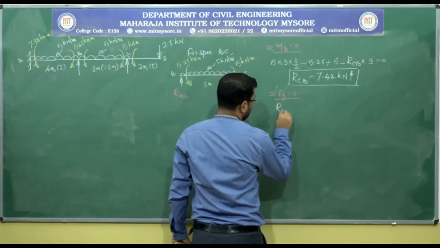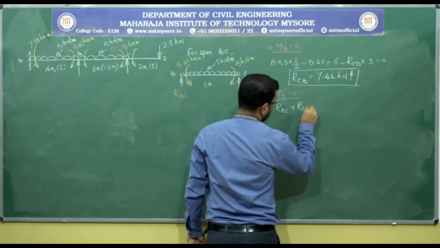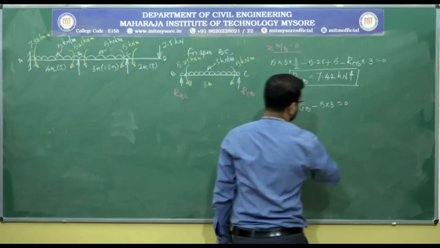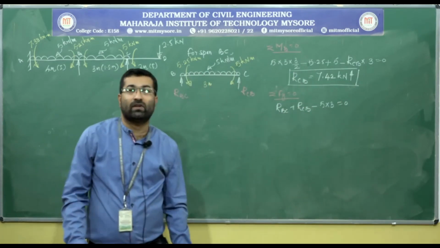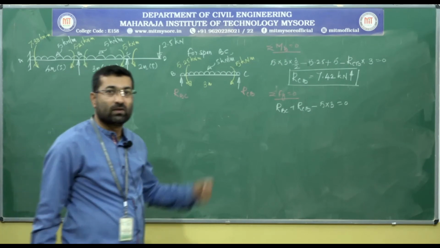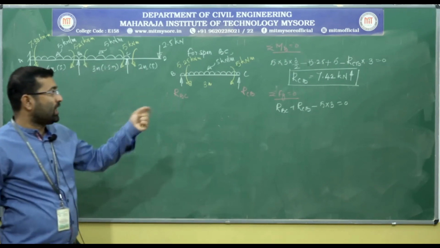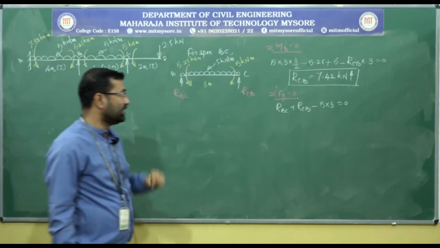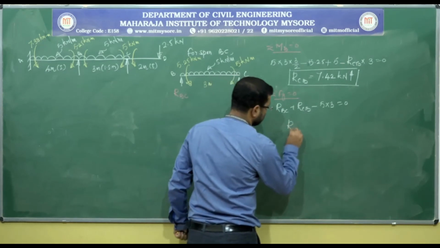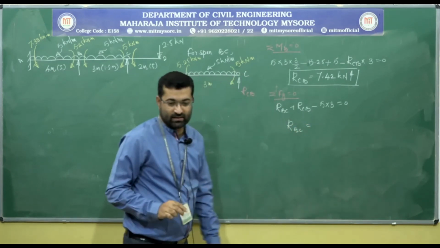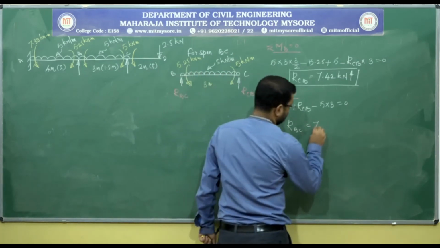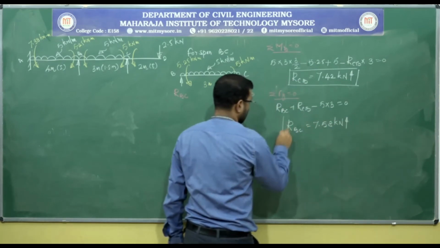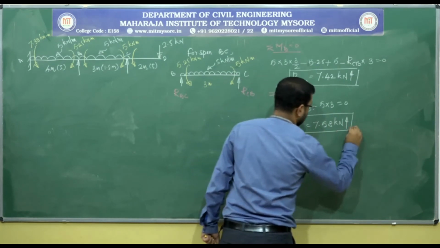So it is RBC plus RCB minus this UDL, that is 5 into 3, equating it to 0. Here in the equation we have two unknowns, RBC and RCB. RCB we have already determined as 7.42 kilonewton. Substitute that value here, you will get RBC as 7.58 kilonewton, that is also acting vertically upwards, right?